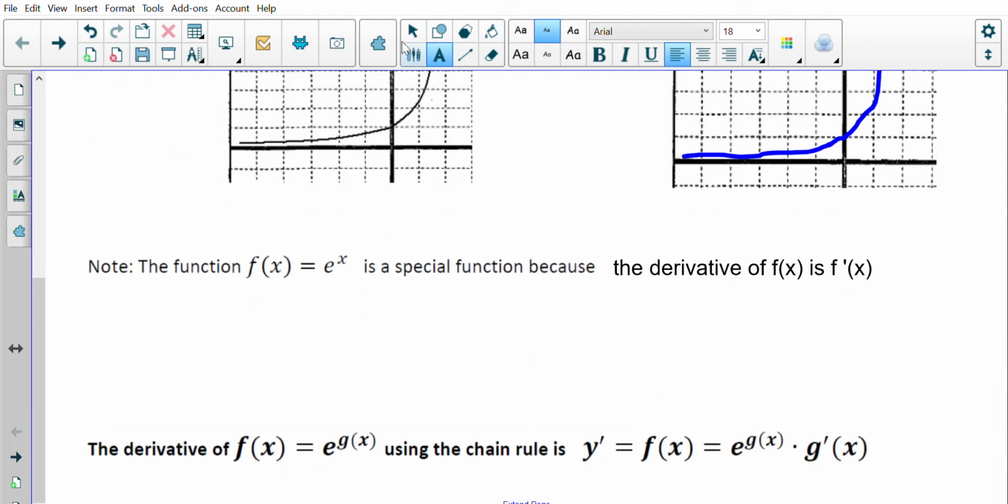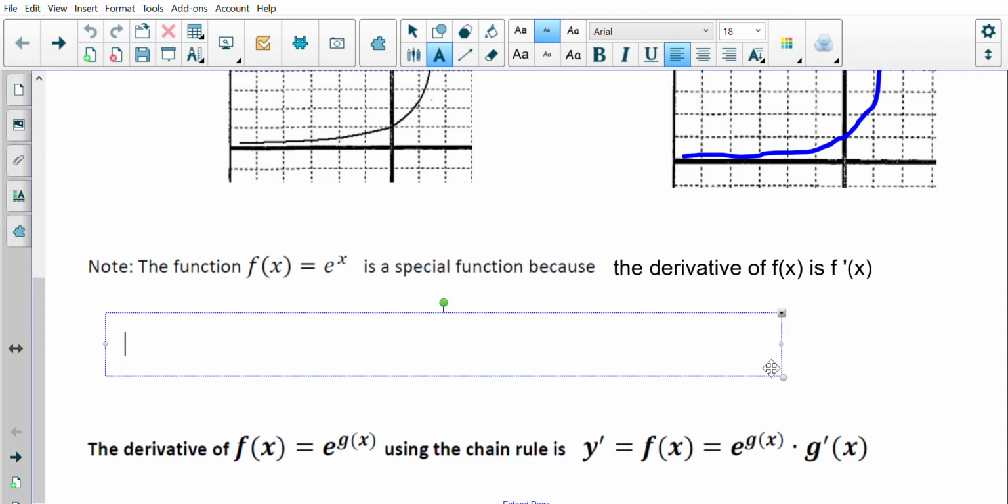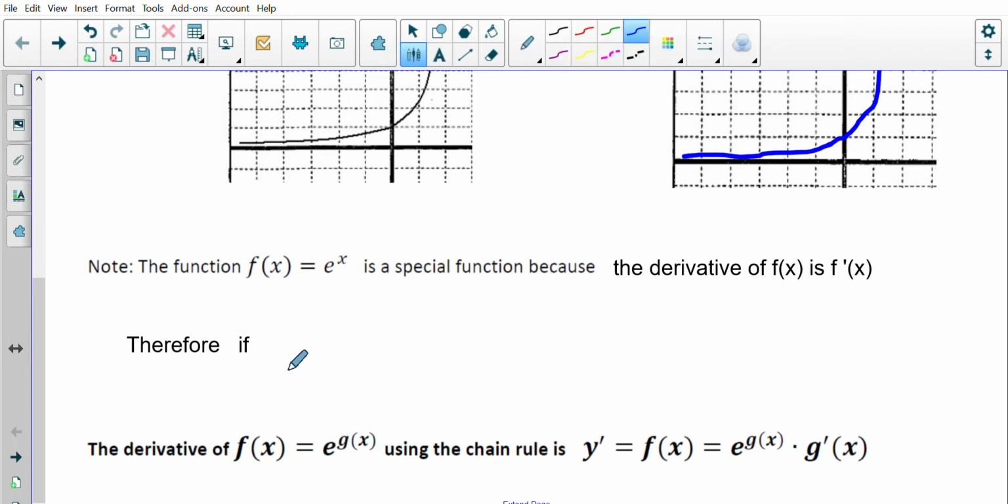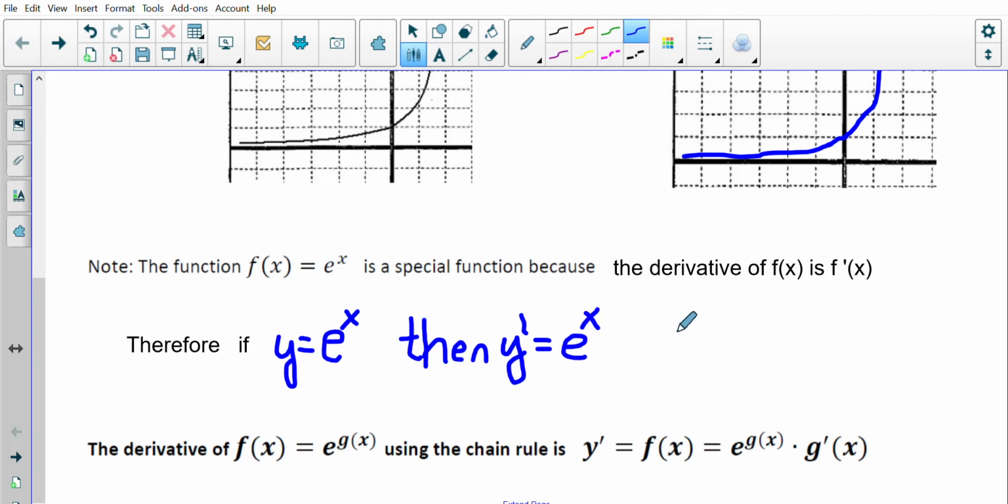So in that case, what that means is, well, therefore, if y is equal to e to the power of x, actually, you know what, I'm going to draw that in pen. It's always nicer. So if y is equal to e to the power of x, well then y prime is equal to e to the x. It's the easiest derivative to find, I think.